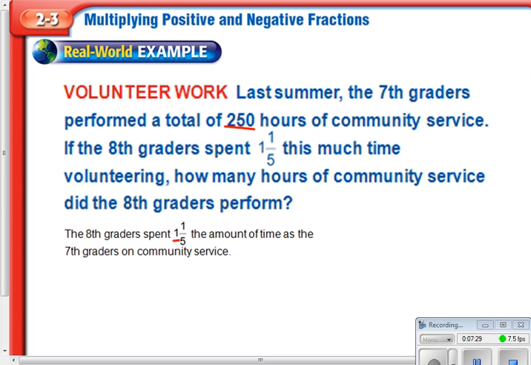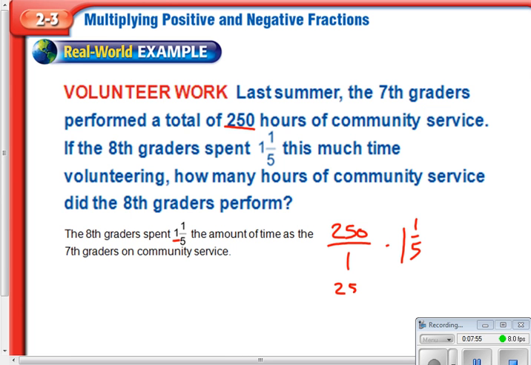So basically what's happening here is they outperformed the 7th grade class. In order to figure this out, here's what the 7th graders volunteered. That's your fraction. 250 over 1. So 250 hours. The 8th graders had more than that, so we're multiplying by 1 1/5. Do our conversion here.